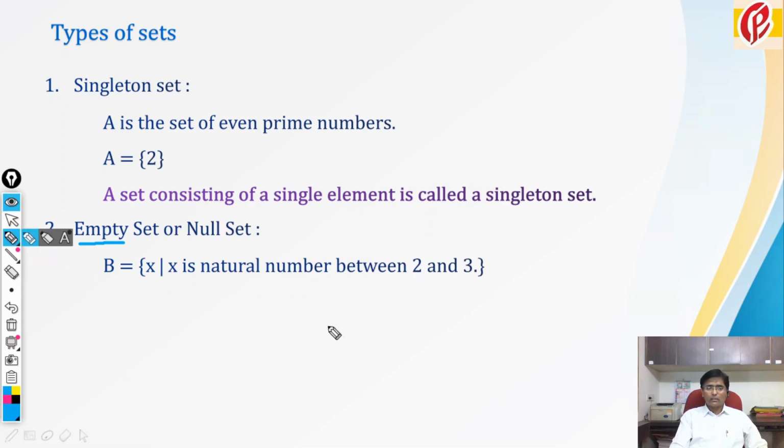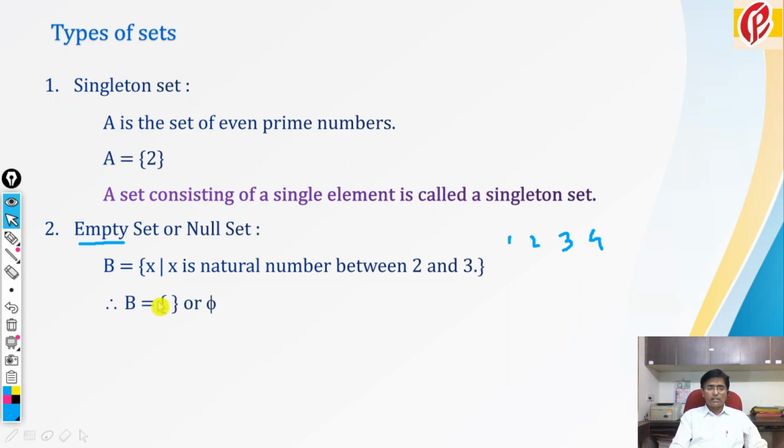Now you know that natural numbers are first 1, second 2, third 3, and so on. So between 2 and 3 there is no natural number. So B has no elements. So B is empty, so B is equal to the empty set.